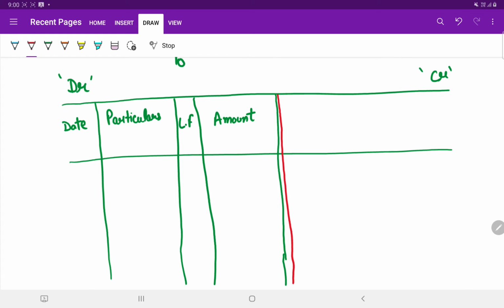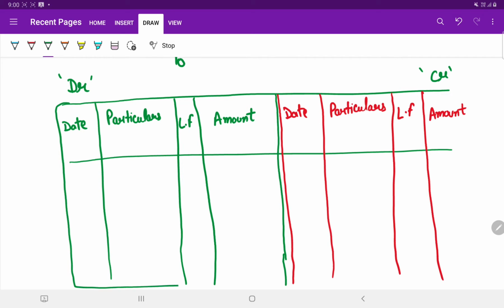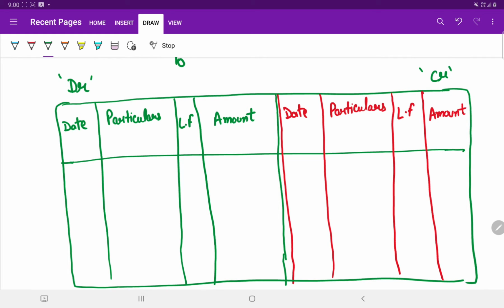And this is for the second column, that is again for the date, same is repeated, then for the particulars, then for the ledger folio number, and finally for the amount concerned. Now, if you see, the green side is for debit and the red side is for the credit.